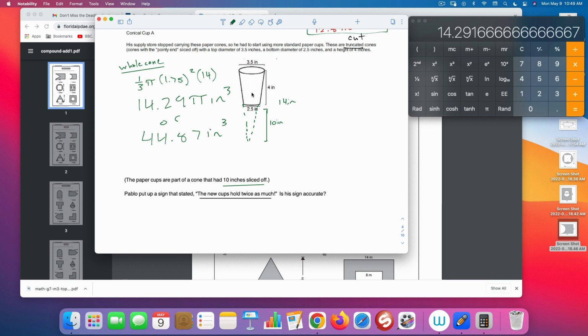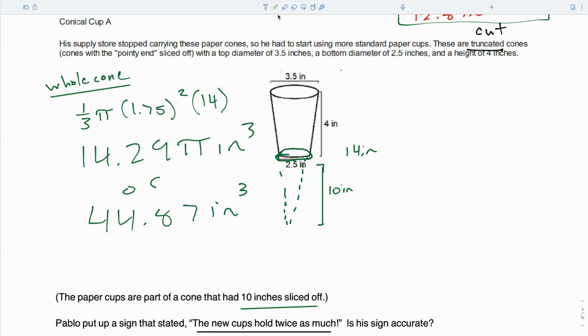We also need to figure out the portion that was sliced off, the 10 inches height. To do that, I need the diameter, which they told me was 2.5. So my next goal is to figure out the whole volume of this smaller part.